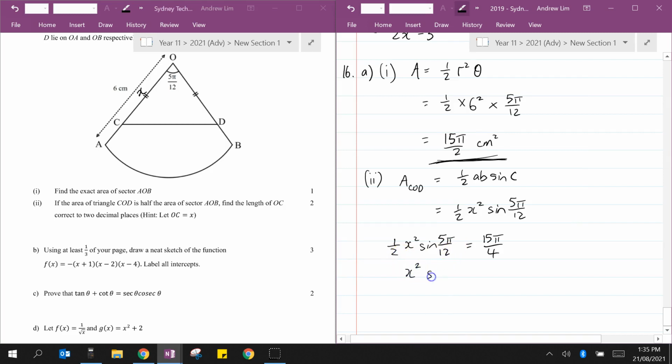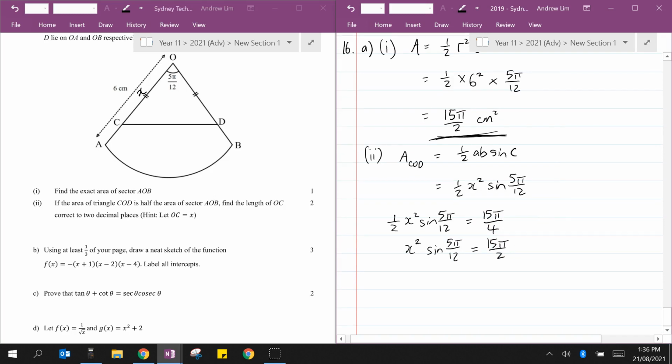So x squared sine 5 pi on 12 is equal to 15 pi on 2. I'm going to divide both sides by sine 5 pi on 12. So x squared is equal to 15 pi on 2 over sine 5 pi on 12. And then we'll need to square root it.